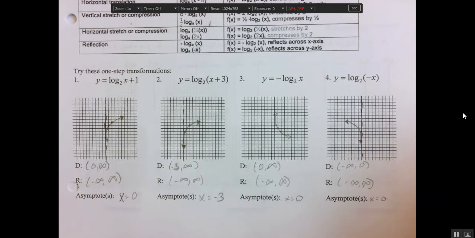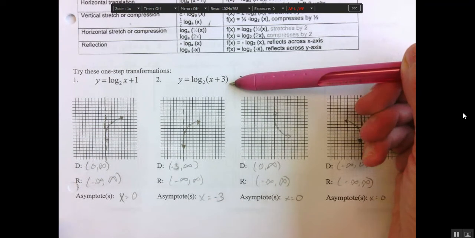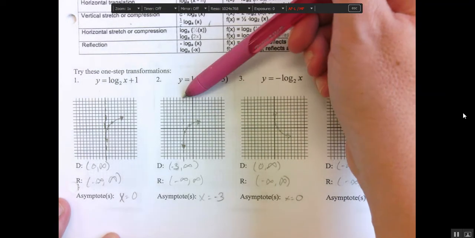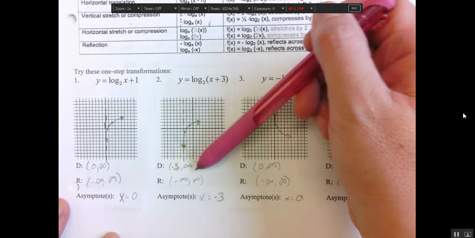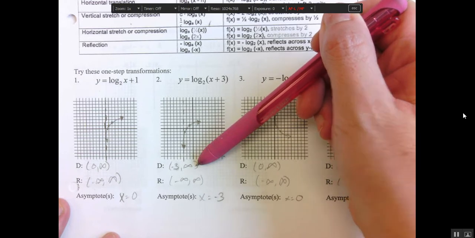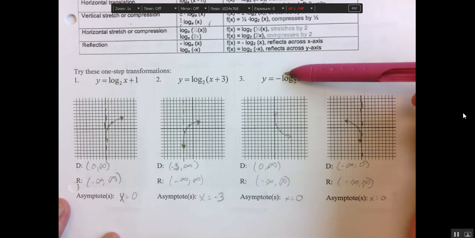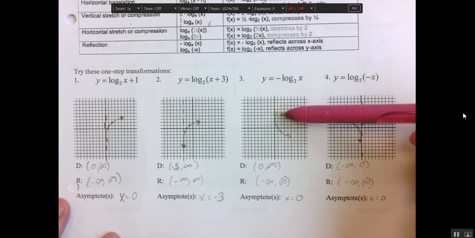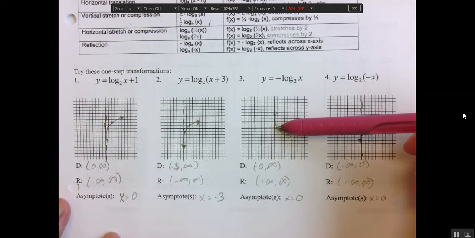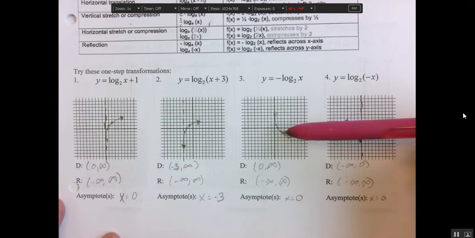Okay, so we said that this one is going to move left 3, so you can see that Annabelle moved her asymptote left 3, which affects your domain. And then this one was reflected vertically. So the point that was at 1/2, negative 1 is now at 1/2, positive 1. And the point that was at 2, 1 is now at 2, negative 1.